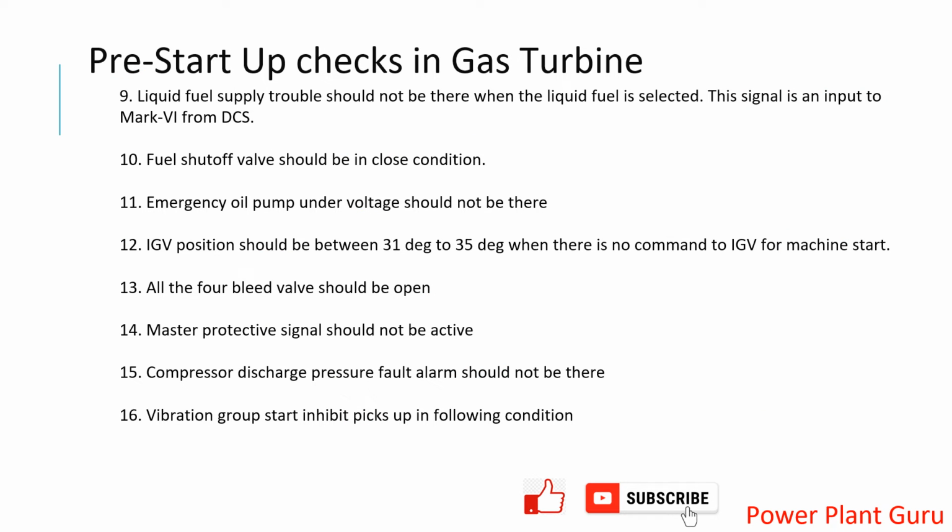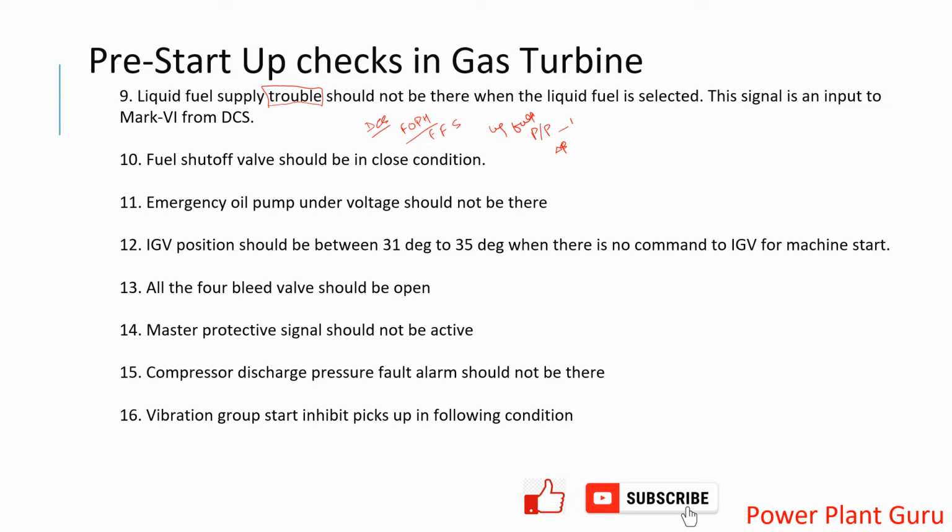So the next point is that the liquid fuel supply trouble should not be there. And this signal comes from your DCS, wherein your fuel oil pump house or fuel forwarding skid are there. From there, the liquid fuel pump should have sufficient pressure, and there should be no high delta P across your suction strainer or filter.